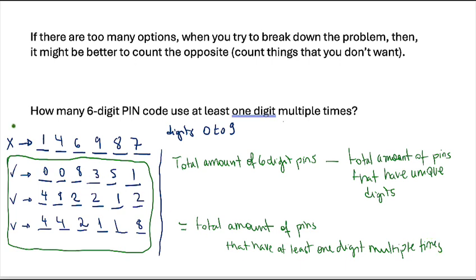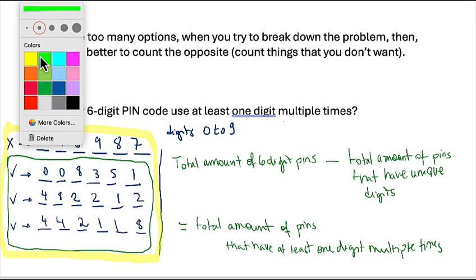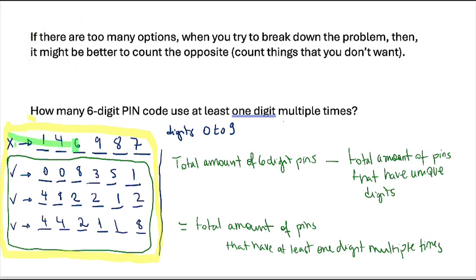You have everything, and everything is in yellow. Let's say that this represents, obviously this is a short list, but this represents all the pins. Okay, now if you take off this green part, right, and you eliminate.